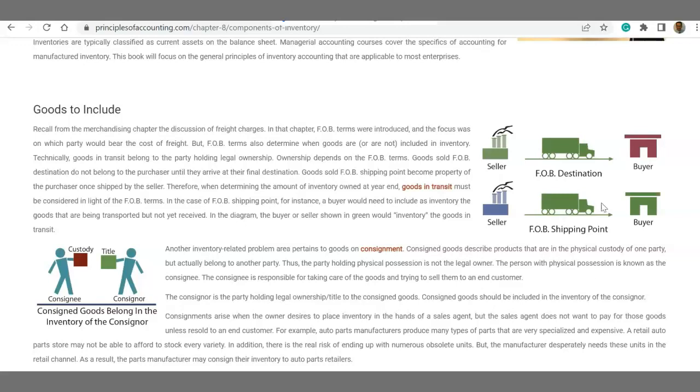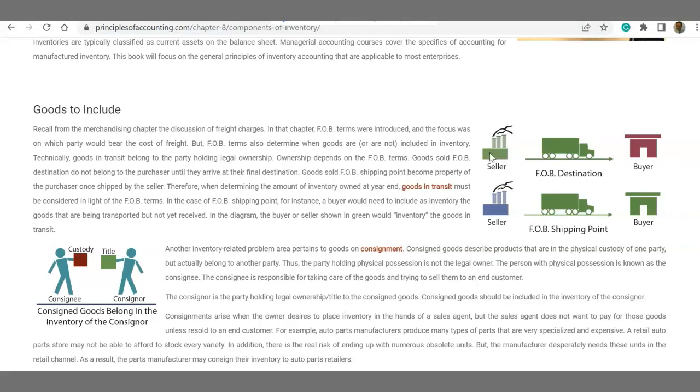FOB destination, this is how I translate it in simple language. Up to the final destination, the seller is the owner, and the seller pays for the shipping.